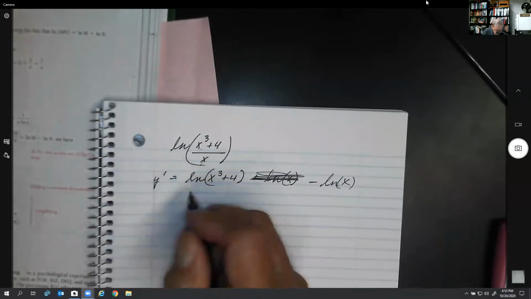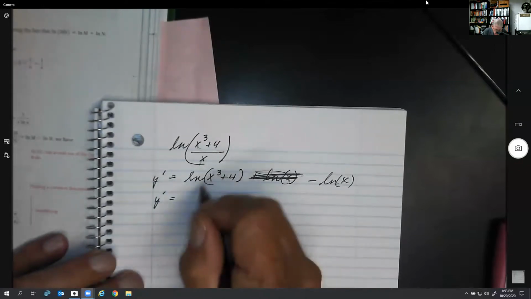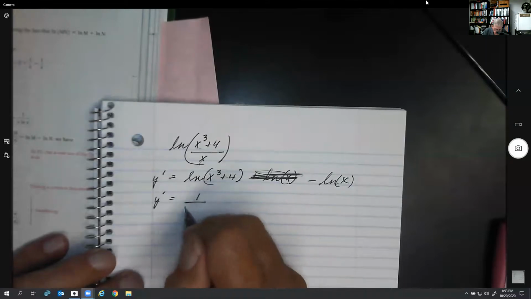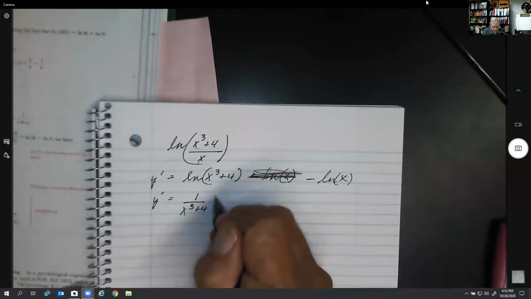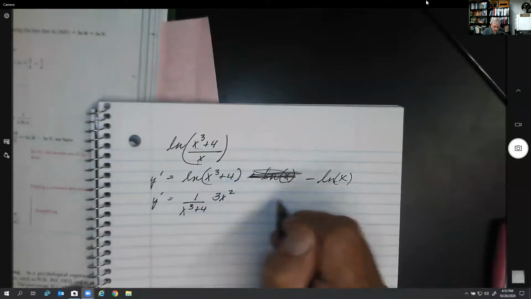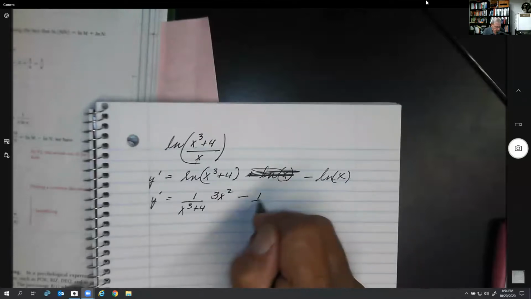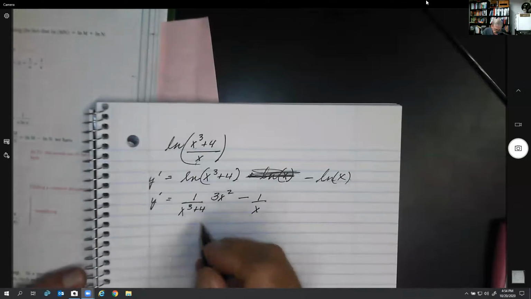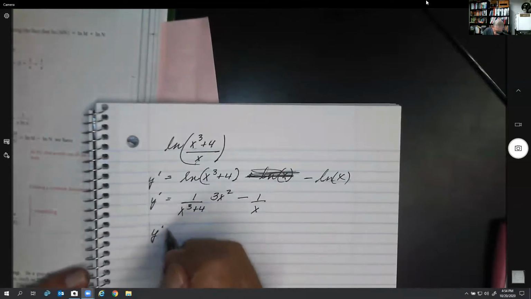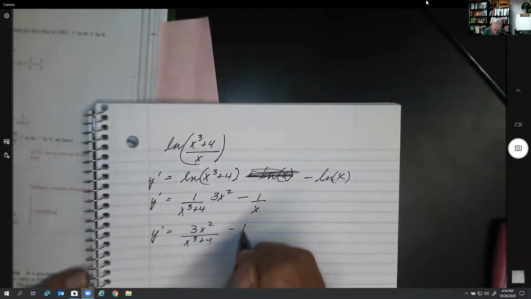Okay, then they went ahead and took the derivative of each one of these. So this would be 1 over x cubed plus 4 times the derivative of the inside, which would be 3x squared, minus the derivative of that, which is 1 over x. So now what they did is, this is 3x squared over x cubed plus 4 minus 1 over x.